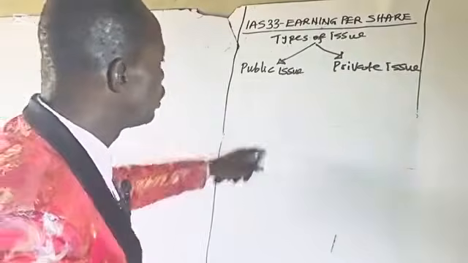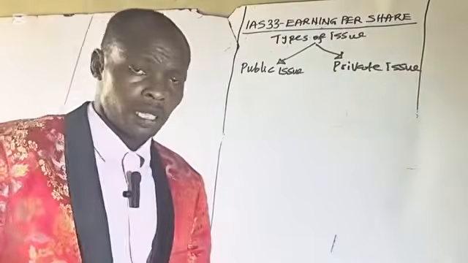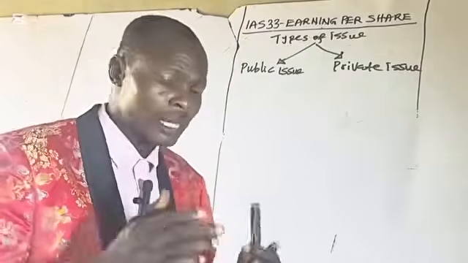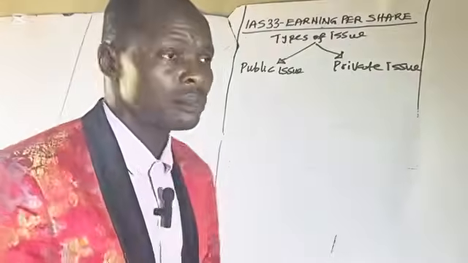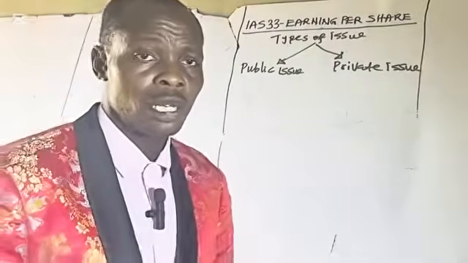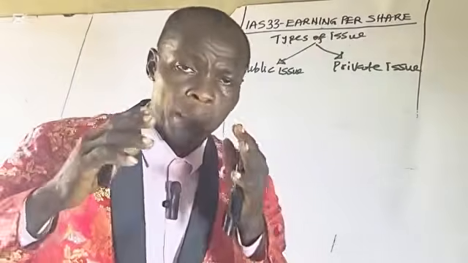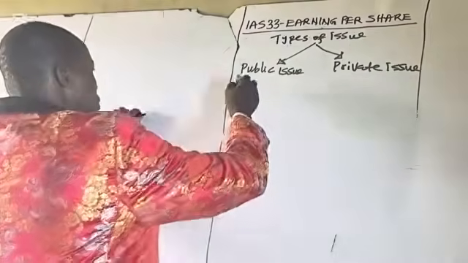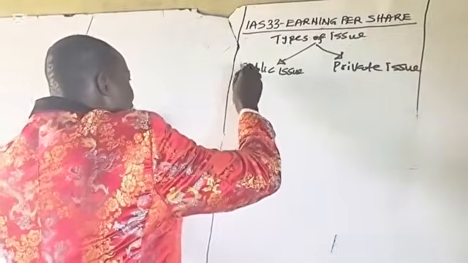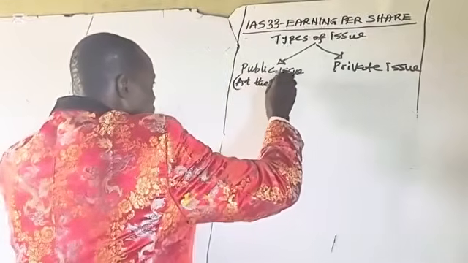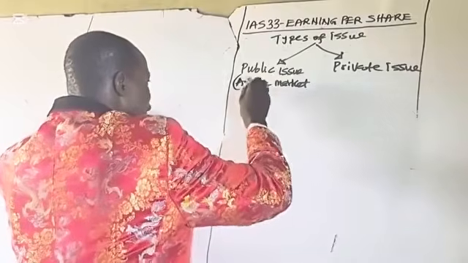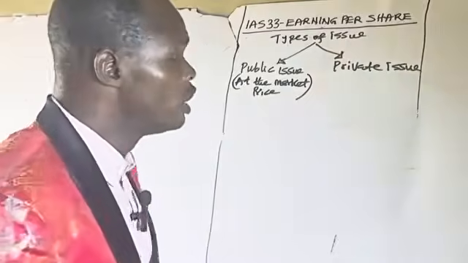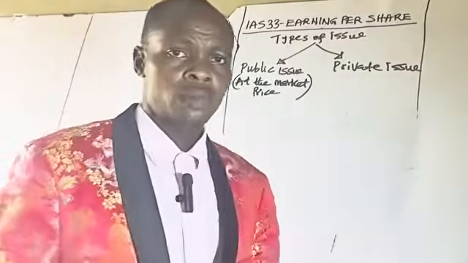Public issue is the issue of shares to the members of the public at the prevailing market price. That is public issue. This issue is made at the market price. And the second type of issue is private issue.